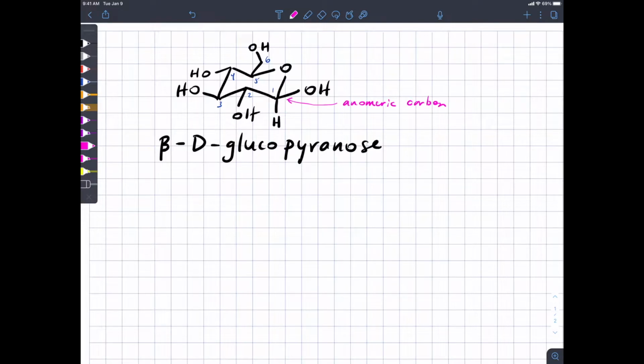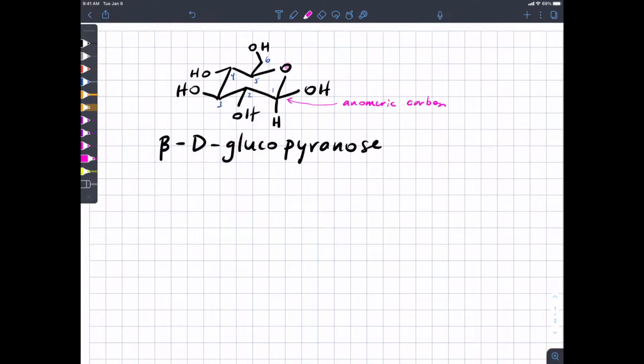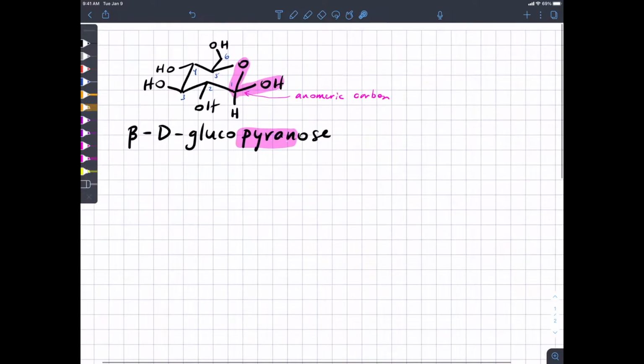And this cyclic hemiacetal linkage is described by the name pyran in this long extended name. Pyran refers to a 6-membered ring containing oxygen. This would not be a 6-membered ring containing oxygen if it were not a cyclic hemiacetal.